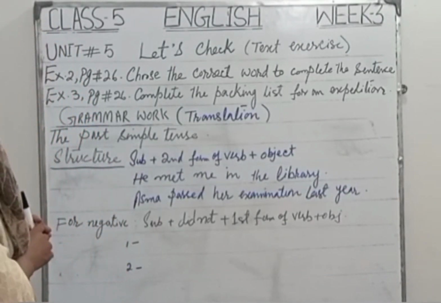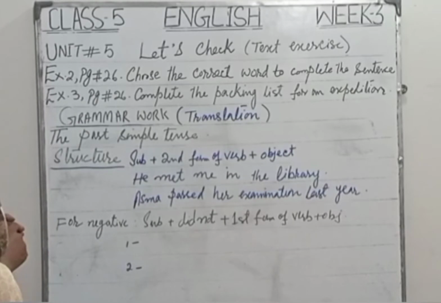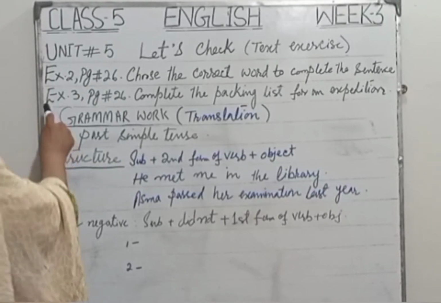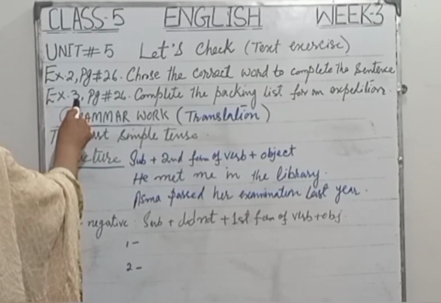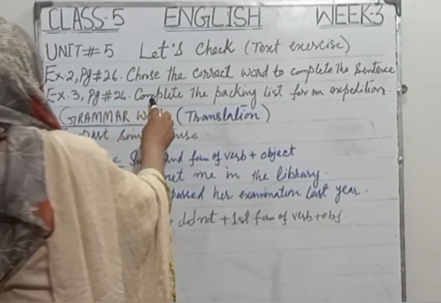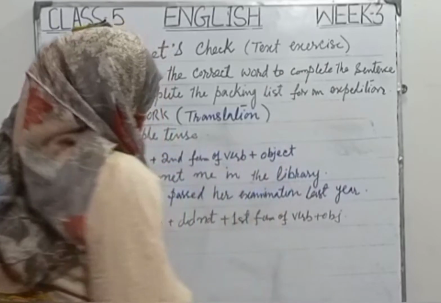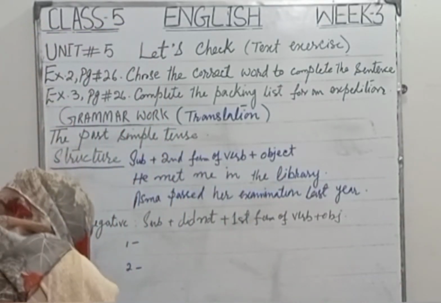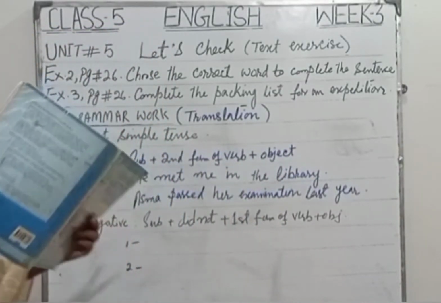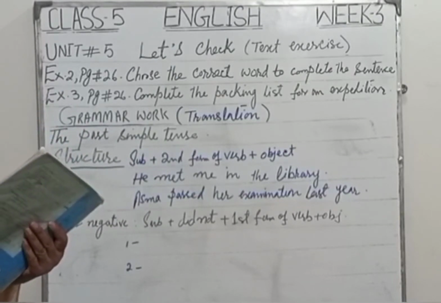Let's move towards the next exercise on the same page, exercise number 3. The question is, complete the packing list for an expedition. Open your book and look at this exercise.